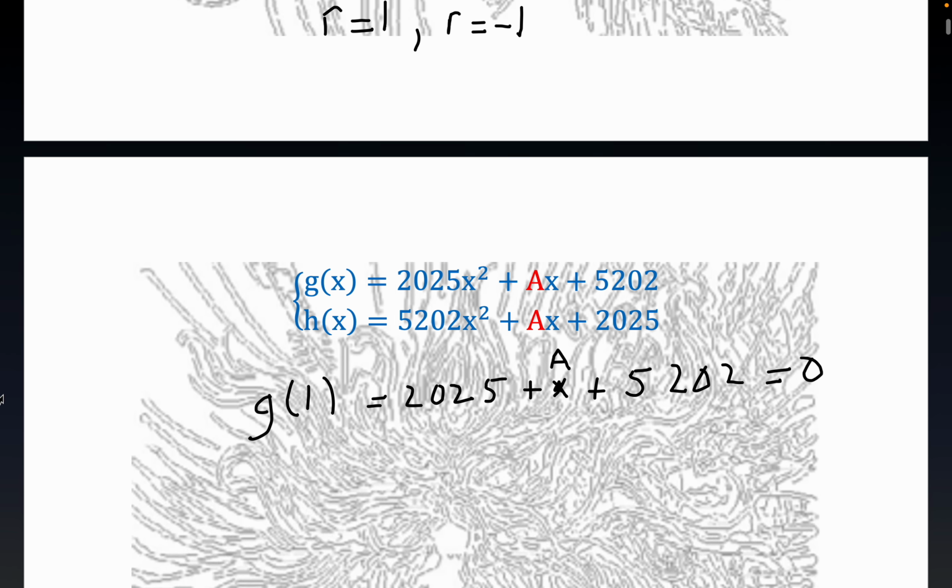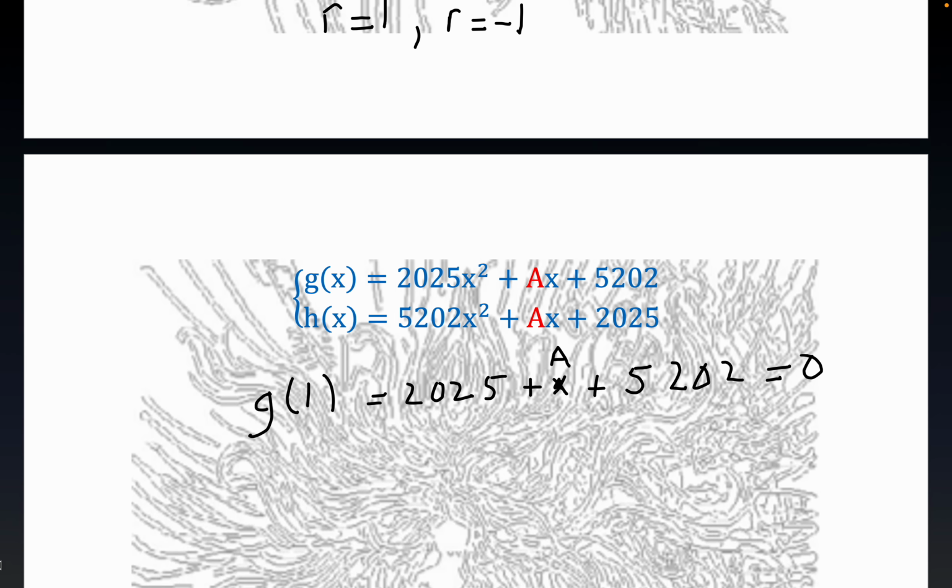But watch what this certainly implies. This implies that A would be equal to negative, when you add this up, 7,000. I was just taking both of these constants, it's simple, but that will give you 7,000.